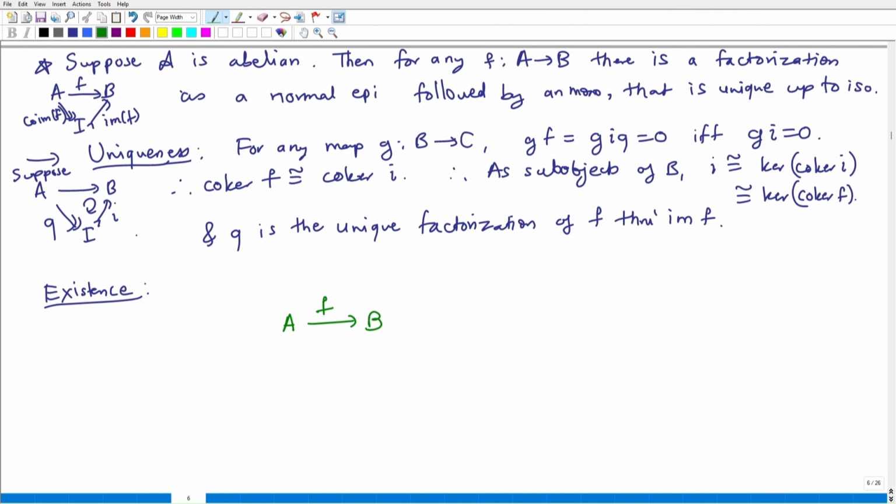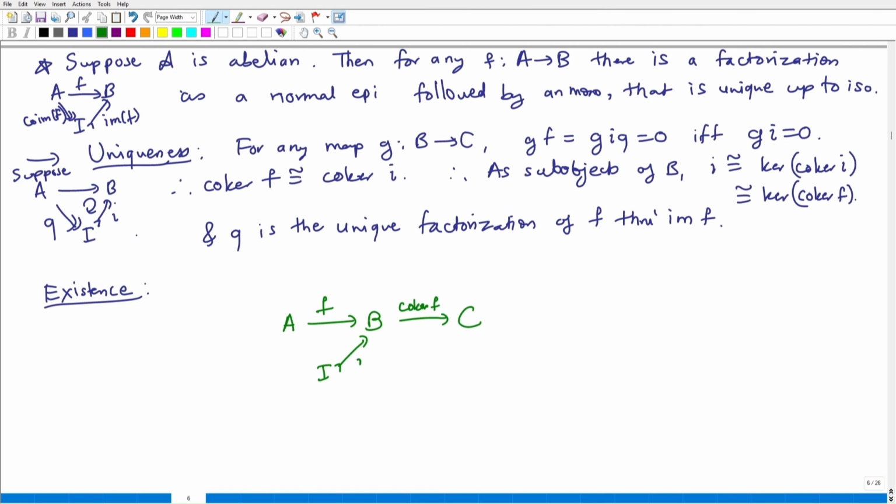And we are going to use the image. How do we confirm the image? Obviously I have the co-kernel of F to C, and then I have its kernel.